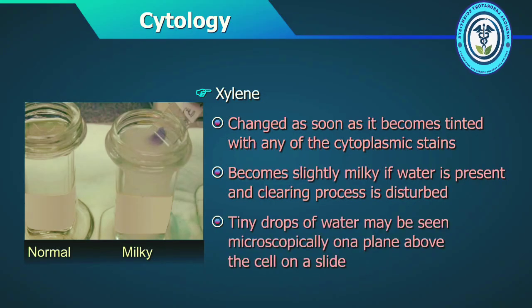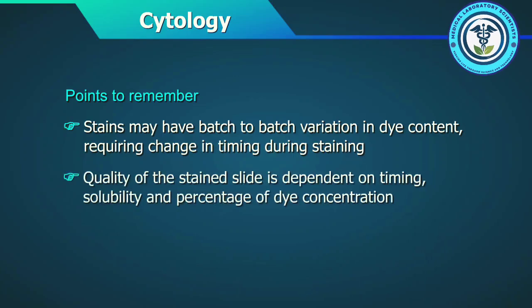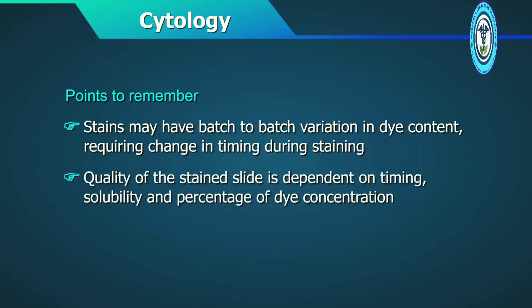Tiny drops of water may be seen microscopically on a plane above the cell on a slide. Stains may have batch-to-batch variation in dye content, requiring change in timing during staining. The quality of the stained slide is dependent on timing, solubility, and percentage of the dye concentration.